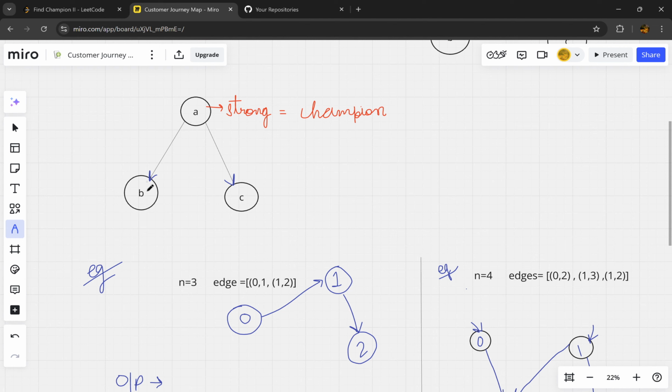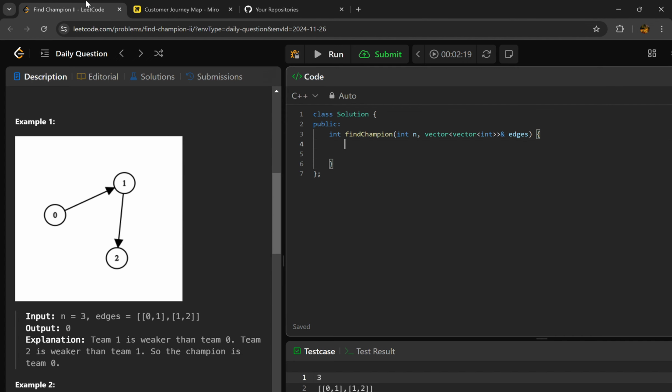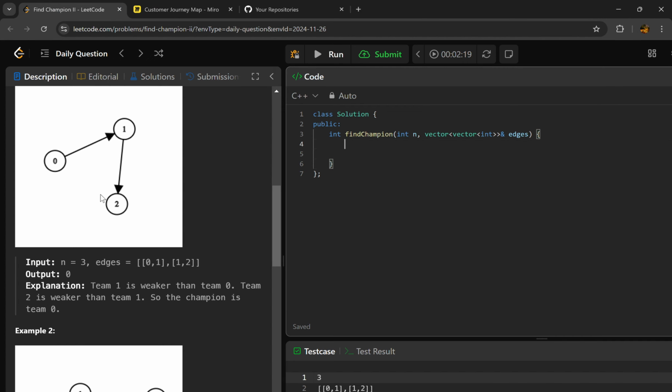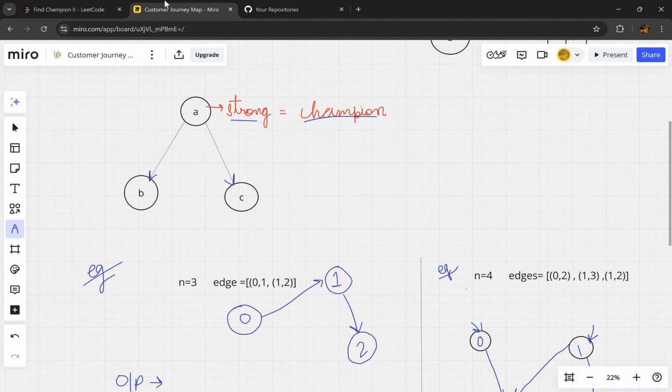So A is stronger than B as it shows an arrow, and A is also stronger than C. That means A is the stronger one. And the team that is stronger than every team present is known as champion. Hence, A is champion in this case, and this is the exact same case that they have discussed here.